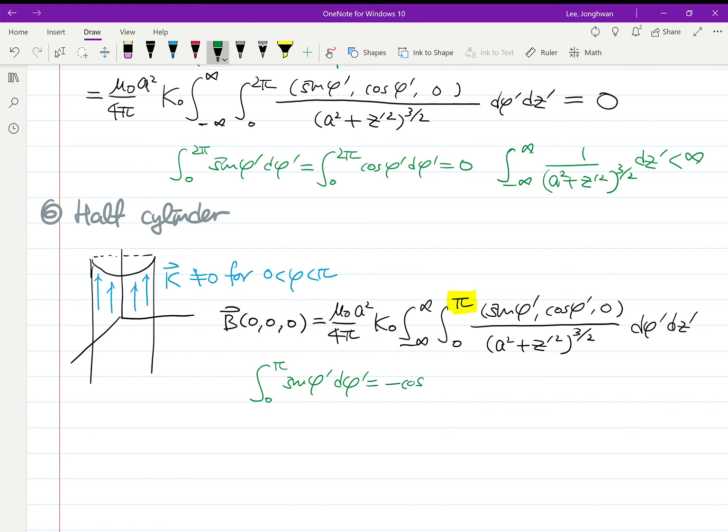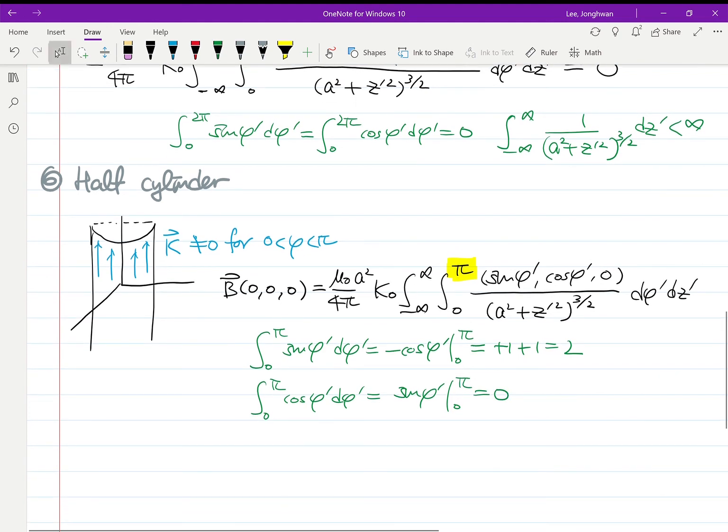So this will be two, and cosine phi results in 0. So the B field does not become 0.